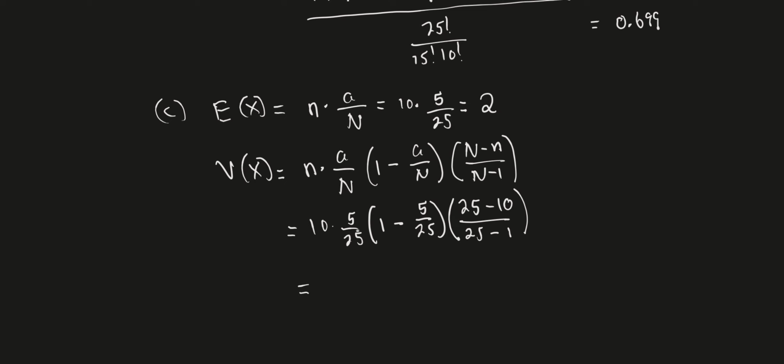So this we know is 2, right? So we could have actually brought that in. That's 2. And then here we have 20 over 25, which is 4/5. And then here we have 15 over 24.